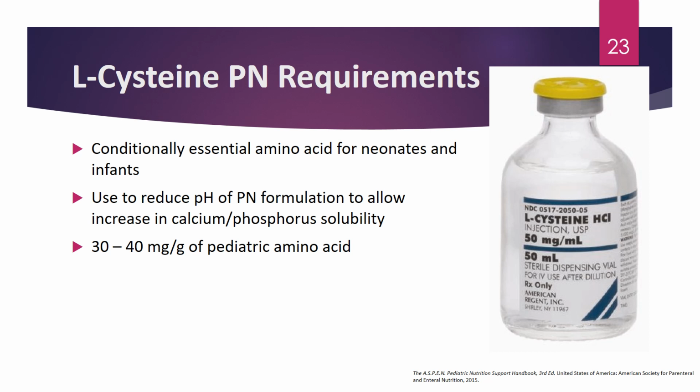The important thing about L-cysteine that you need to know is that it's used to reduce the pH of the PN formula to allow increases in calcium and phosphorus solubility, or calcium phosphate solubility. So the amount of cysteine that you have in the bag will allow your calcium and phosphate to dissolve a little bit easier.